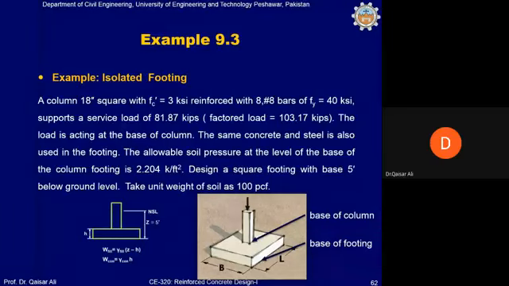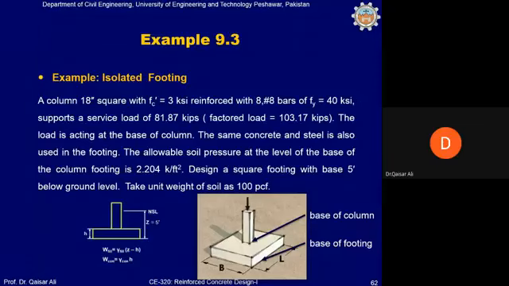Look at this example. There is an 18-inch square column with f'c equal to 3 ksi reinforced with 8 bars of fy equal to 40 ksi. This information of f'c 3 ksi and the 8 bars in the column will not be used in the design of the isolated column footing, although it has been provided to us in the example.